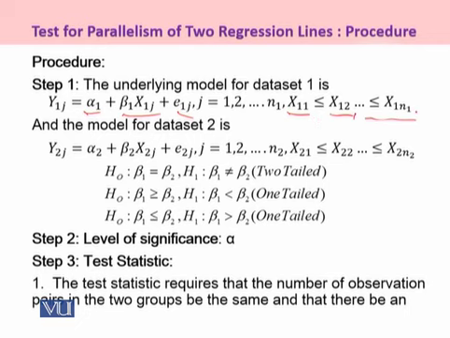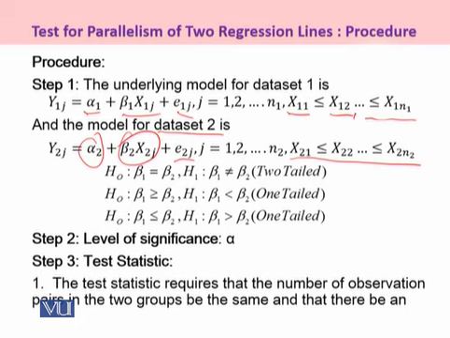So they are taken in an order of magnitude from smallest to the largest. And similarly, students, for model 2, for data set 2, y2j is alpha 2 plus beta 2 x2j plus the error. And here again, we are assuming that x21 is less than or equal to x22 and so on, less than or equal to x2n2.